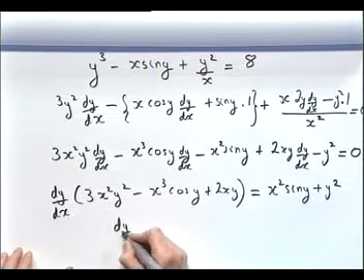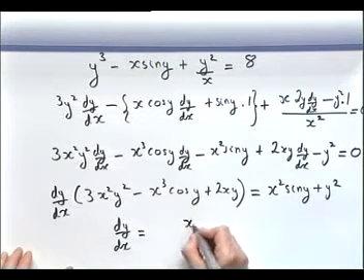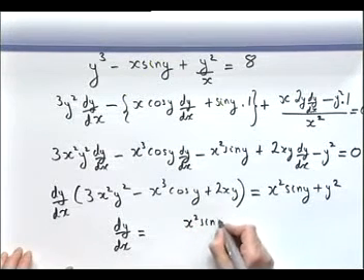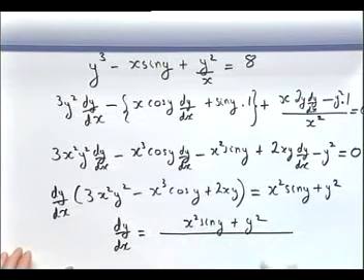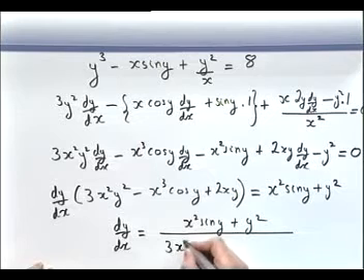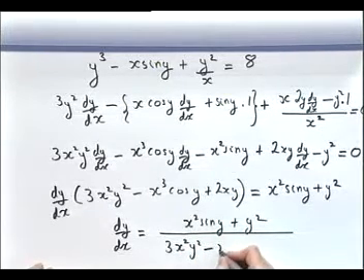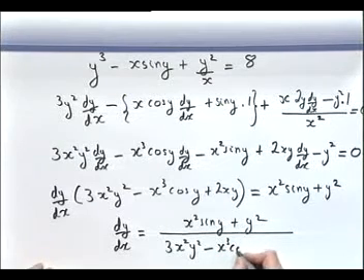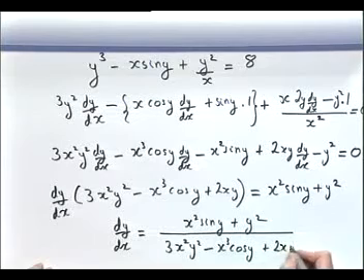Now, dy by dx is equal to x squared sine y plus y squared in the numerator and dividing by this expression as the denominator: 3x squared y squared minus x cubed cos y plus 2xy.